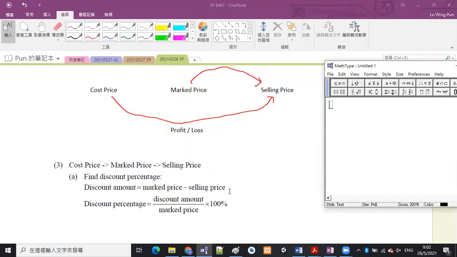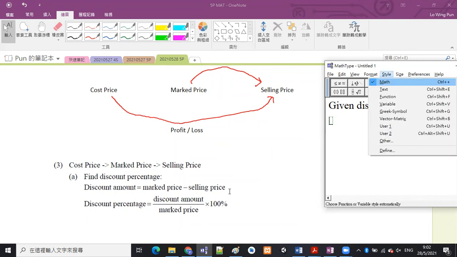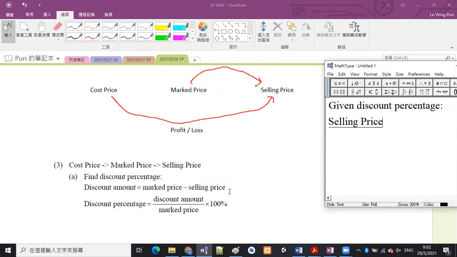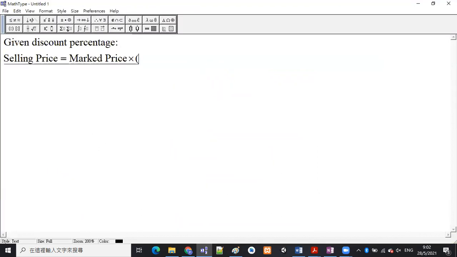If it is given the discount percentage, then we are going to set up the equation like this: the selling price should be equal to the mark price times 1 minus the discount percentage.